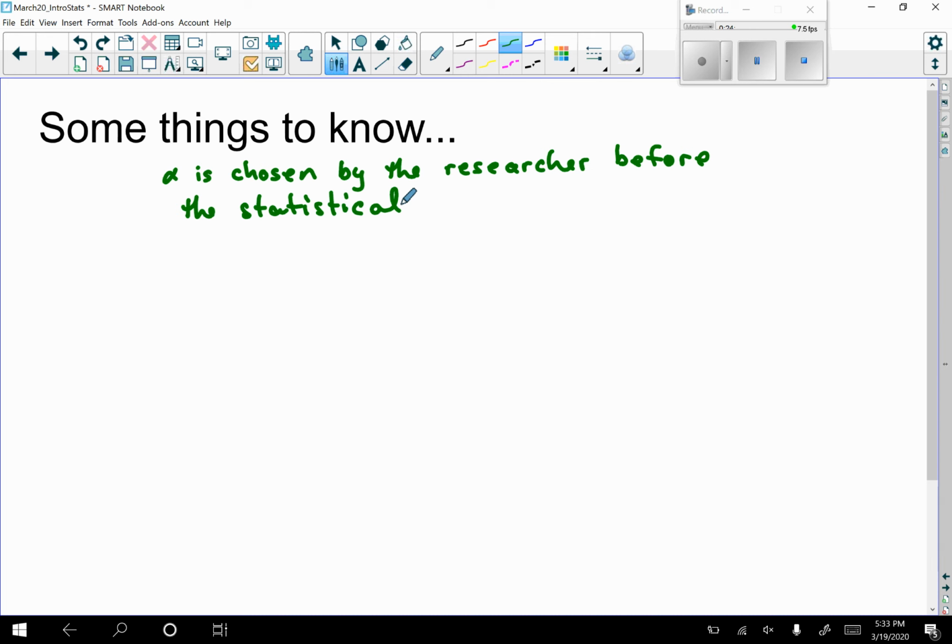You're not trying to make your hypothesis right or make it wrong. It just is what it is once you go through all of these steps. The p-value is computed after the sample mean has been found. Sometimes it'll be given to us. Other times, if there's raw data, we have to find it.